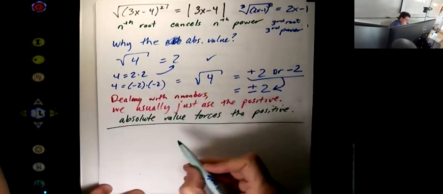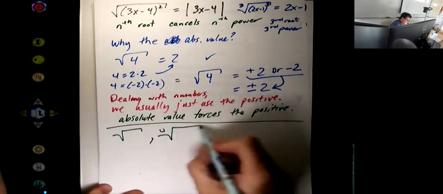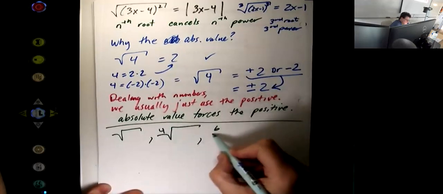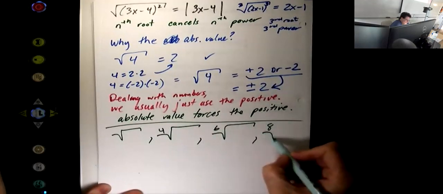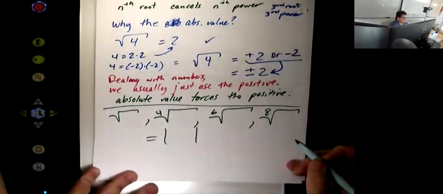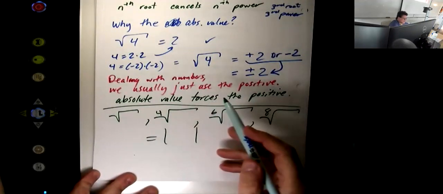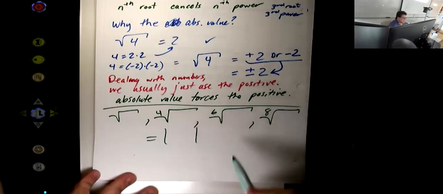If we have a square root, a 4th root, a 6th root, an 8th root, we're gonna have an absolute value. It doesn't matter what the x going to be inside, other than to pull it out, it has to match. That's all that matters.